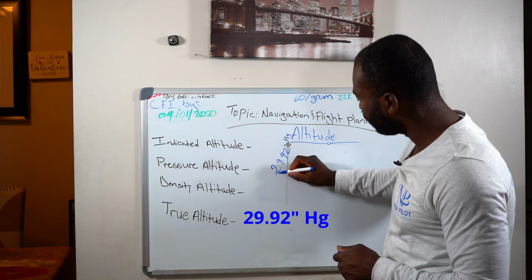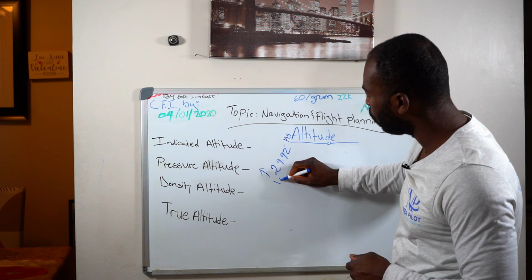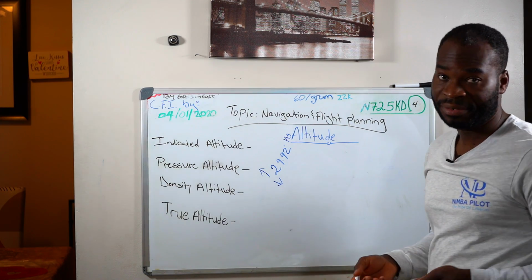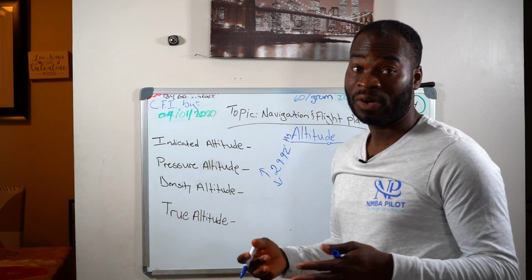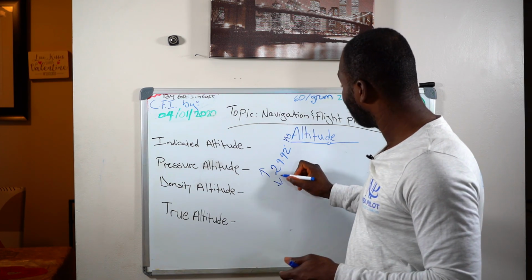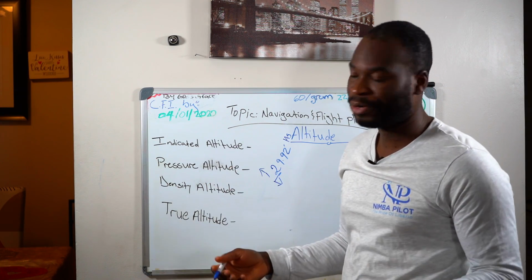Anything above this number is non-standard. Anything below this number is non-standard. We can really have a low pressure that will be below this. Anything above this is high pressure.